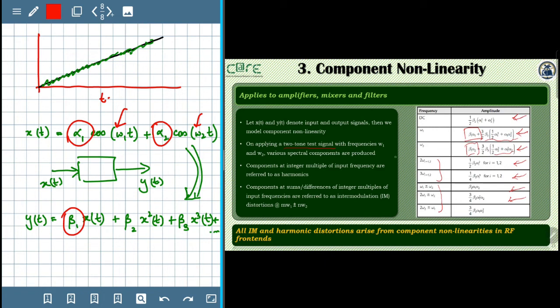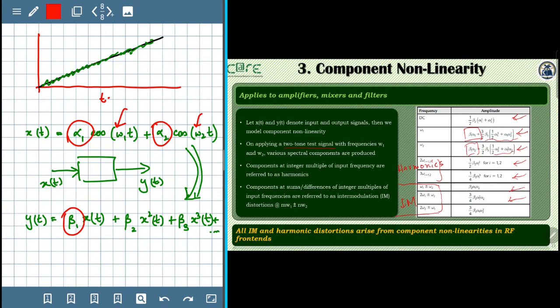So we call these harmonics, and the ones that are appearing here are referred to as the intermodulation distortions.